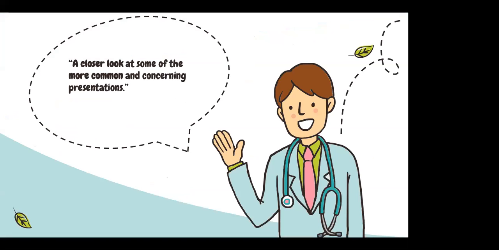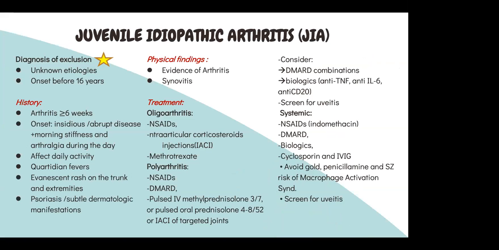Okay, let's go to certain types of diagnosis that are more common and have concerning presentation. Next. Okay, JIA. JIA is a diagnosis of exclusion, unknown etiology, and the onset is before 16 years old.